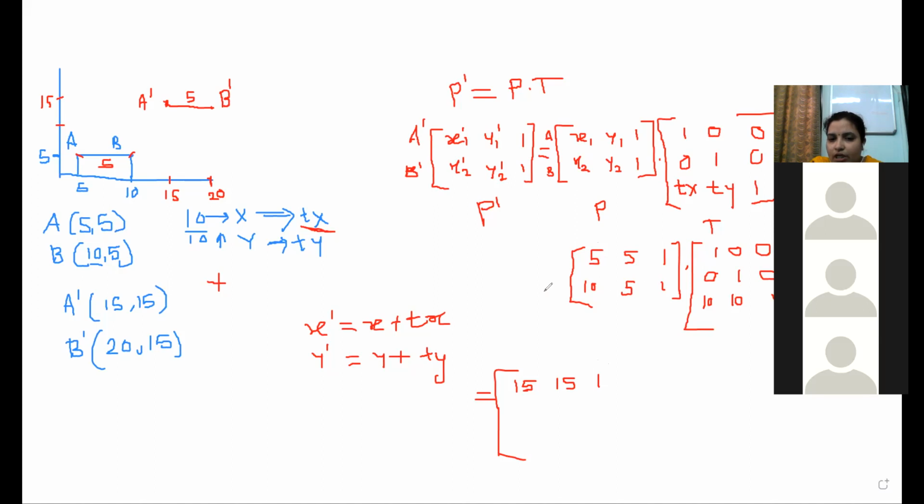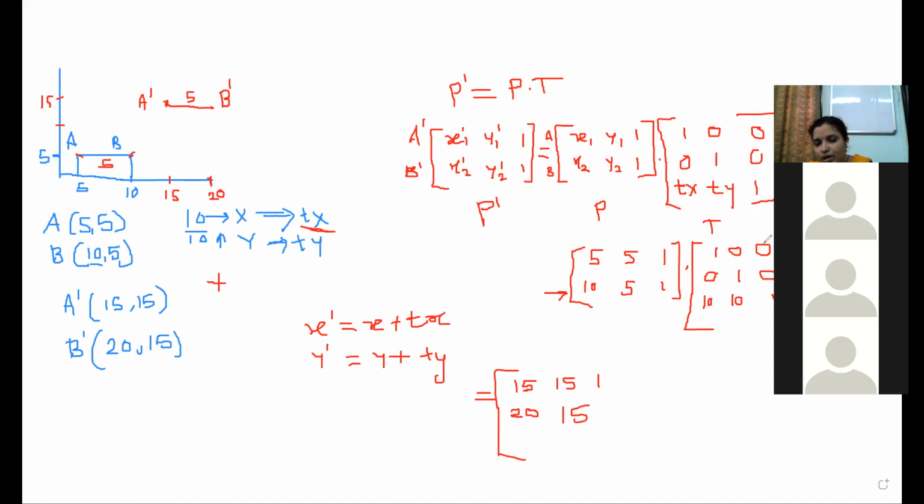Similarly, I will multiply this second row with first column, second column, third column, and I will get 10 into 1, that is 10 plus 0 plus 10. So I will get here 20. Then 10 into 0, 0. 5 into 1, 5 plus 10, that is 15.